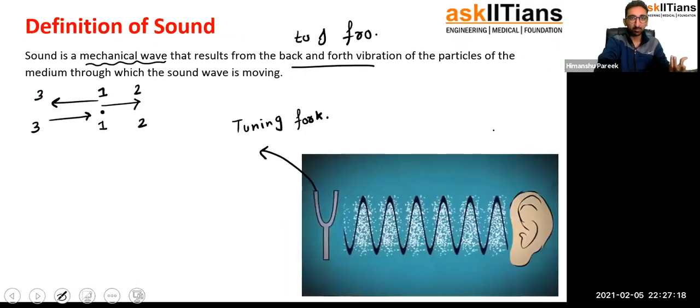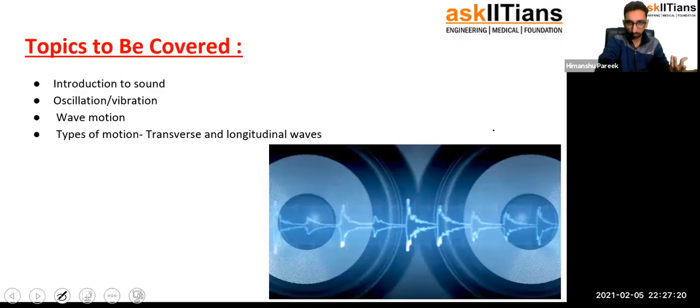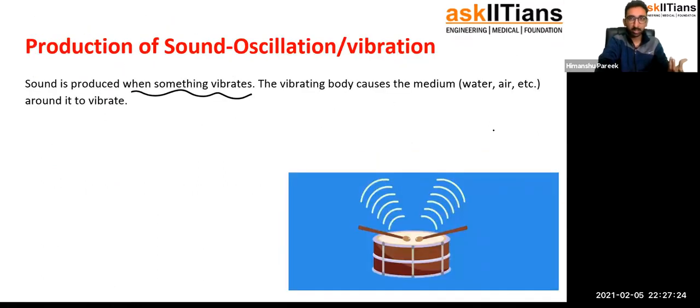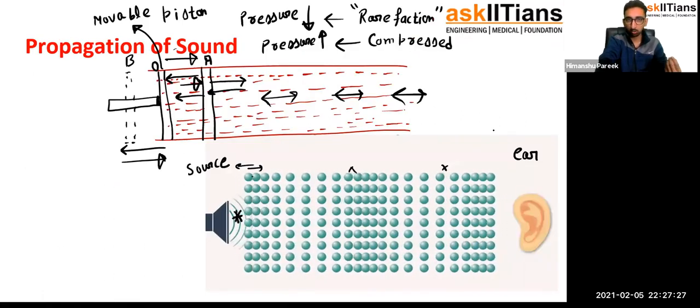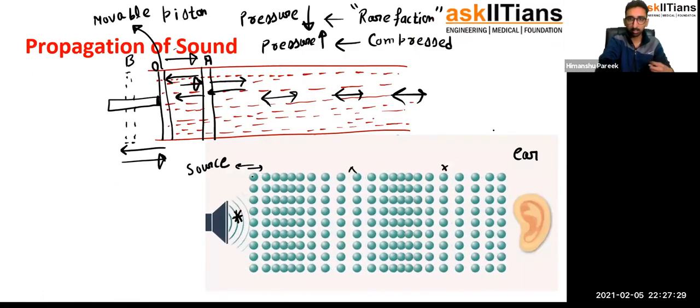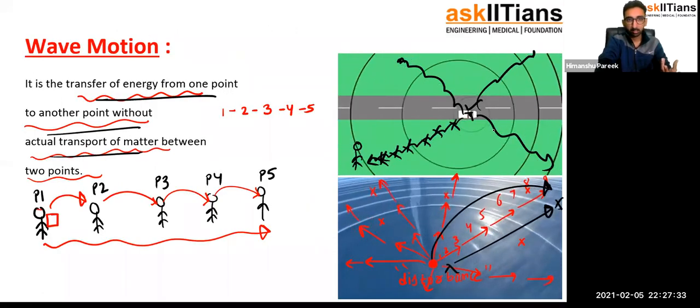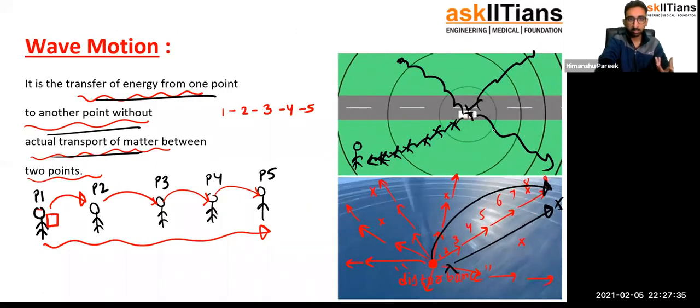Okay. And we have discussed what a sound wave is, how it propagates basically. So vibrations are important. And then it makes things vibrate. And when you make things vibrate, then the sound propagates. All right. And then after that, we discussed the types of wave motion.